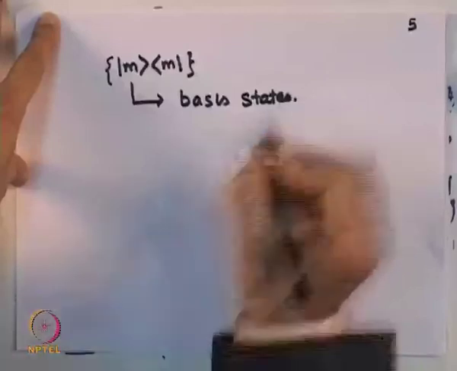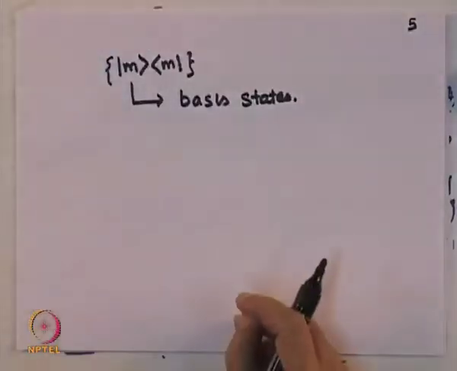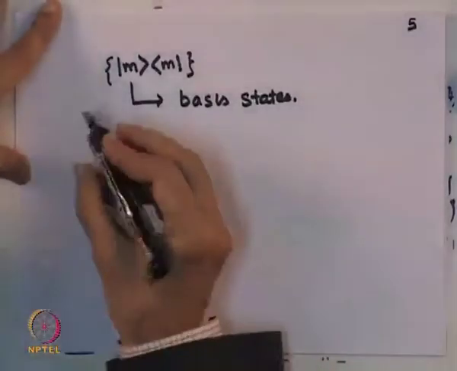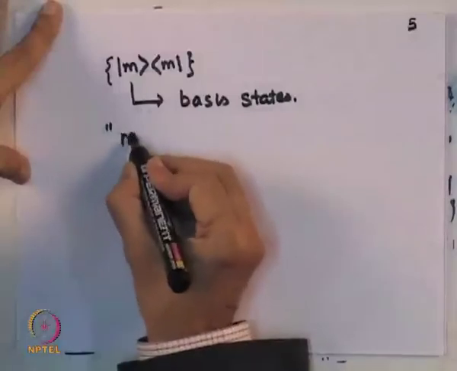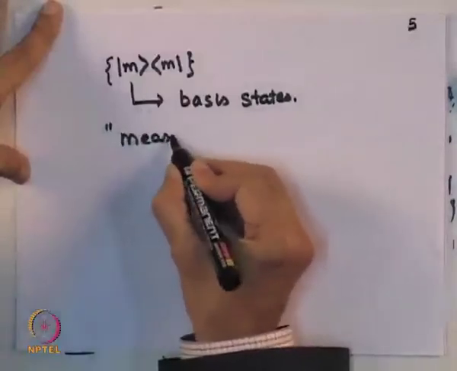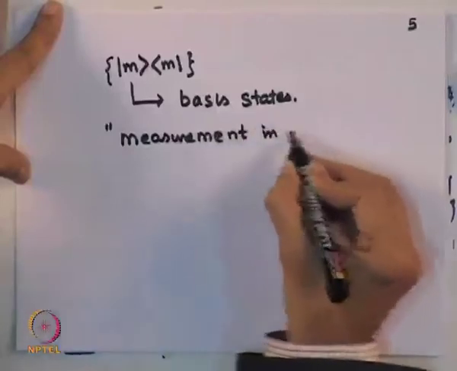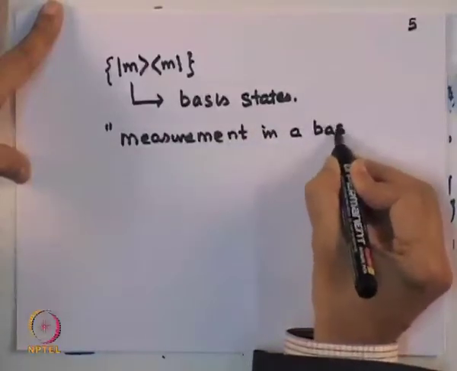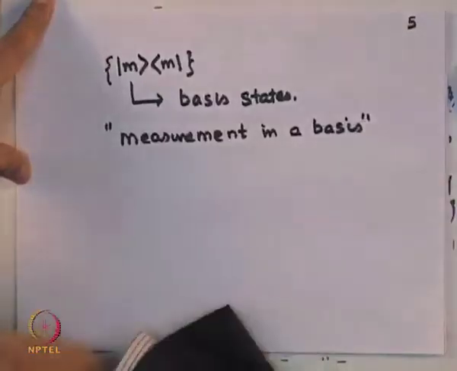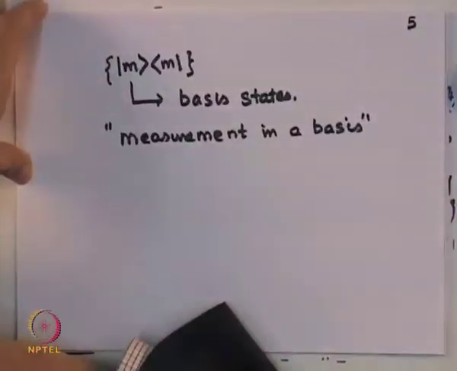In that case, we say it is a measurement being done in a basis. All measurements do not have to be done in a basis, they could be in general in terms of any orthogonal vectors in the Hilbert space.